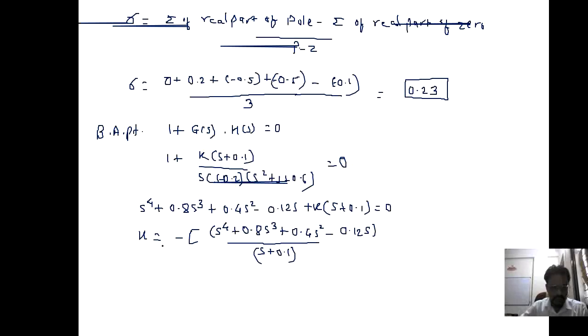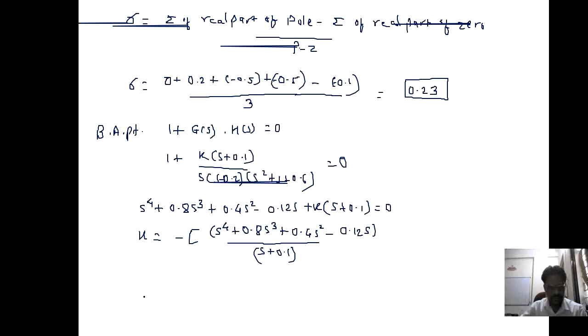Now differentiate the above equation. Apply the division rule: denominator as it is, times the derivative of the numerator, minus the numerator as it is, times the derivative of the denominator, divided by the denominator square.